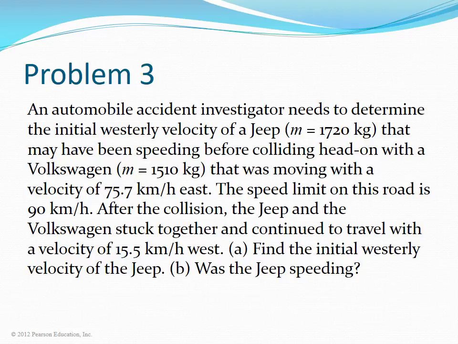The speed limit on the road is 90 kilometers per hour. After the collision, the Jeep and the Volkswagen stuck together and continued to travel with a velocity of 15.5 kilometers per hour west. Find the initial westerly velocity of the Jeep and was the Jeep speeding? Pause the video to work on the problem.